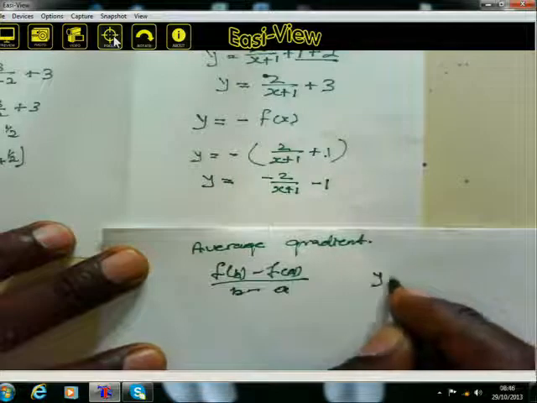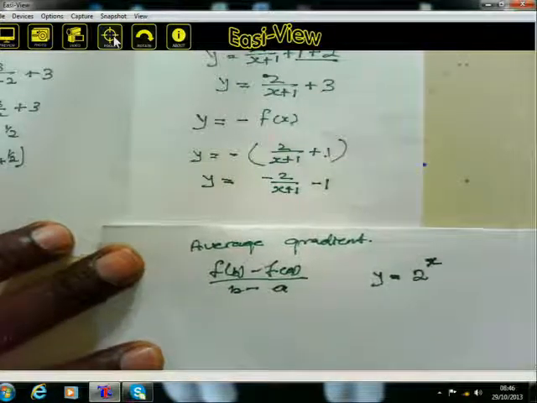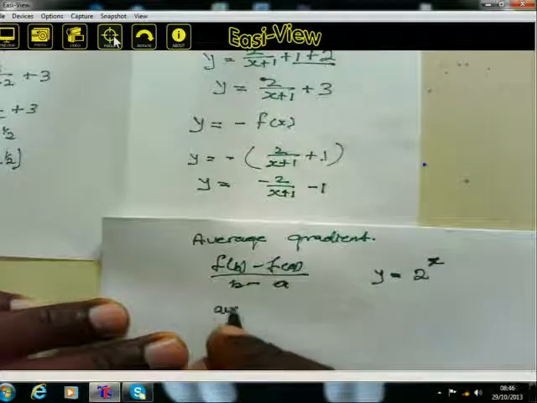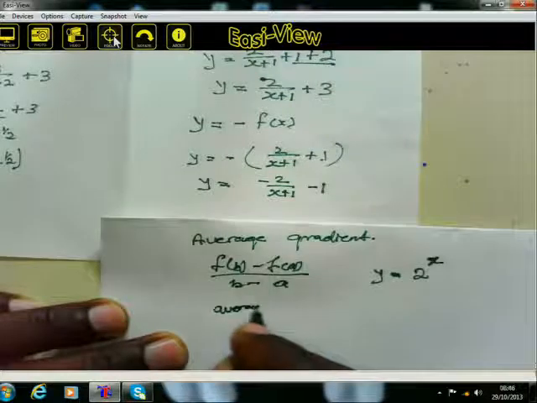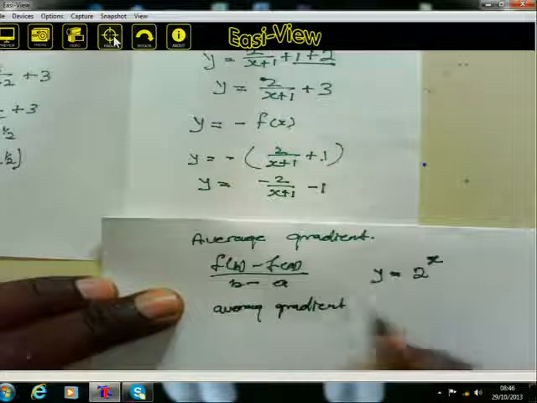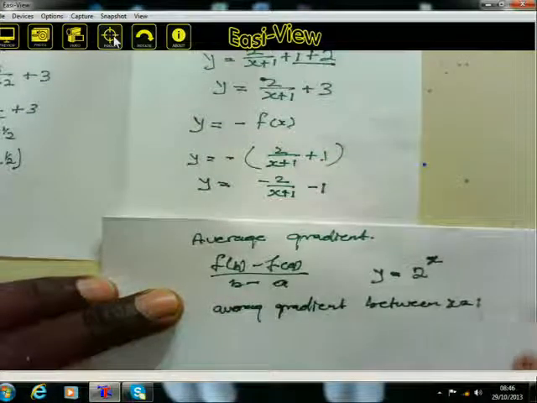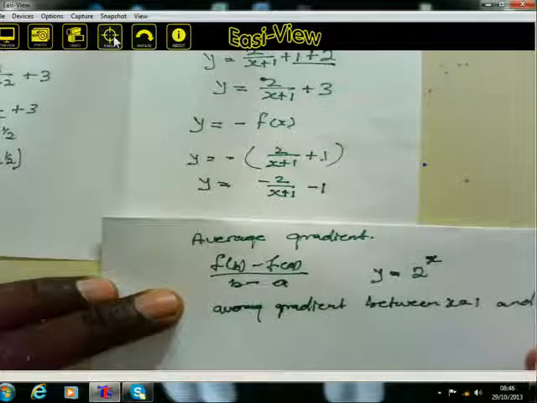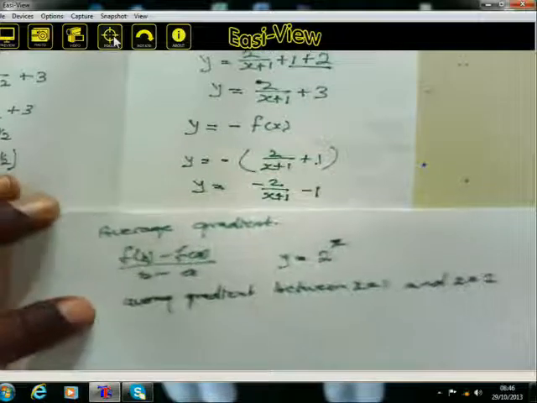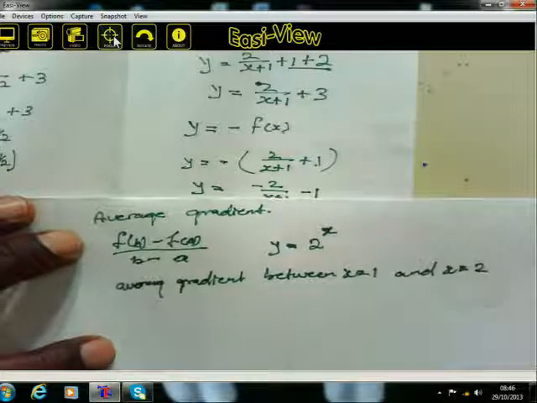Let's say we are given y is equals to 2 to the power of x, all right? And then they want the average gradient between x equals to 1 and x equals to 2.